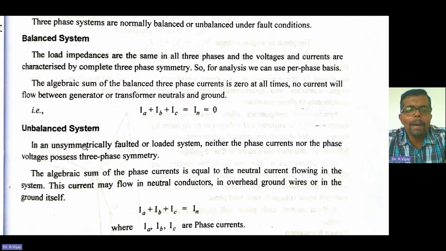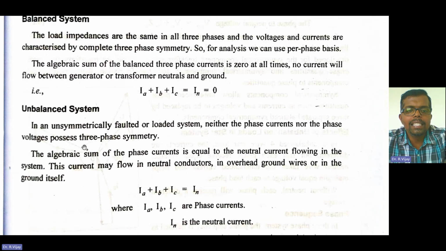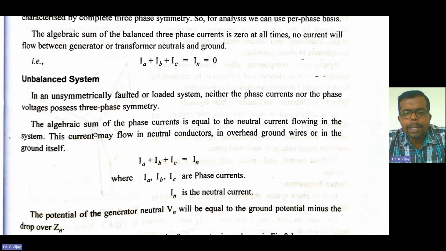What is an unbalanced system? In an unsymmetrical faulted or loaded system, neither the phase current nor the phase voltage possesses this three-phase symmetry. The algebraic sum of the phase currents is equal to the neutral current flowing in the system, say IA plus IB plus IC is equal to IN.